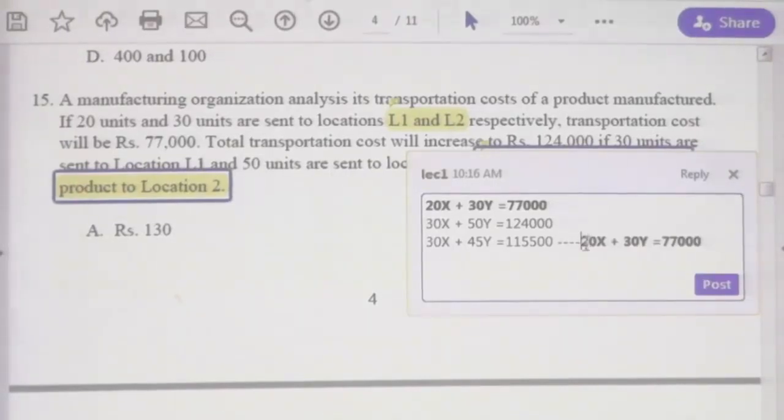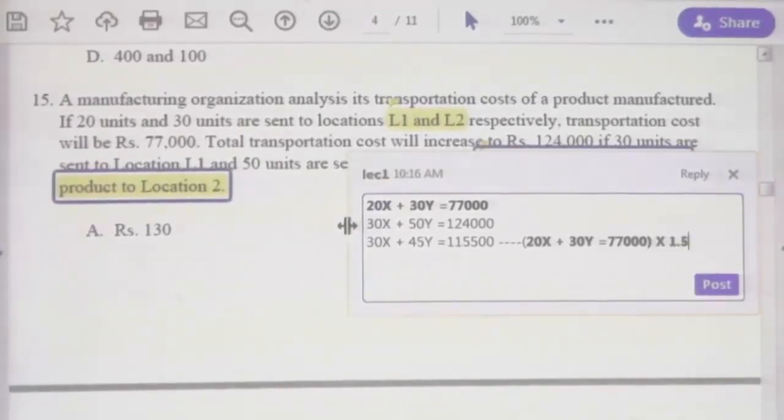Now you will ask why I have taken this 1.5. Because I have multiplied this entire formula by 1.5. Why? I wanted to multiply it by 1.5 because here 30x, here 20x, and I need to find out the value of location 2, that is y.